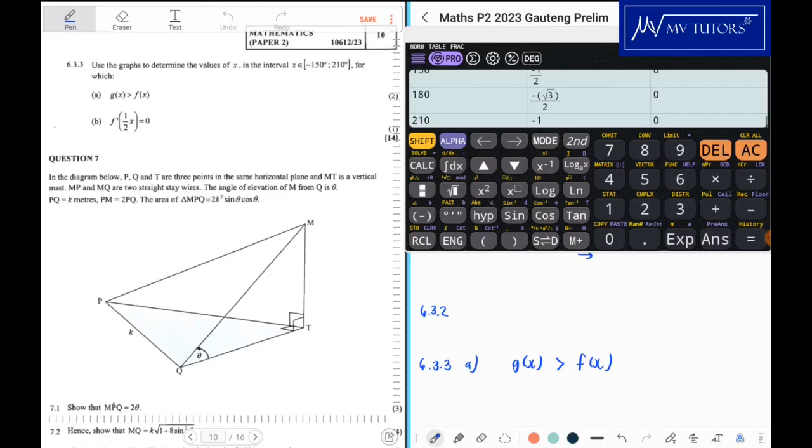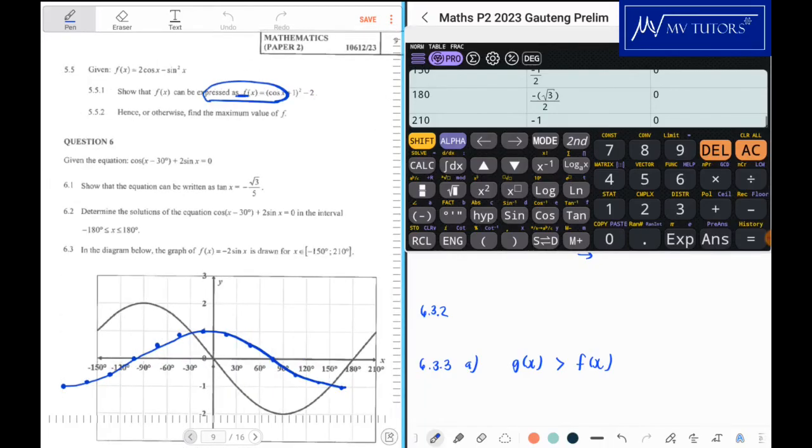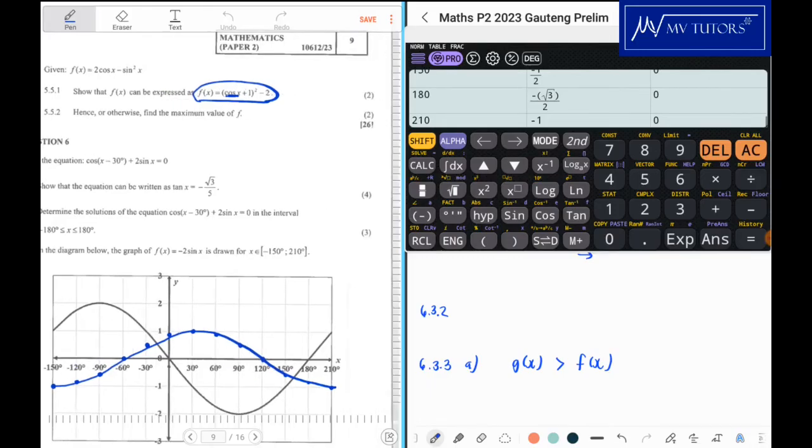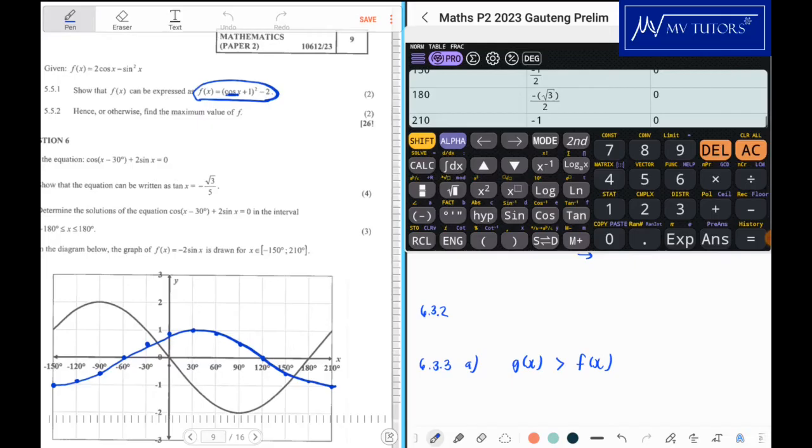Okay, so in this case, we are going to look at the graph that we drew. Okay, there we are. So where are the y values of g? By the way, this is g and that is f. So the y values of g that are bigger than the y values of f, it's basically in this region over here.